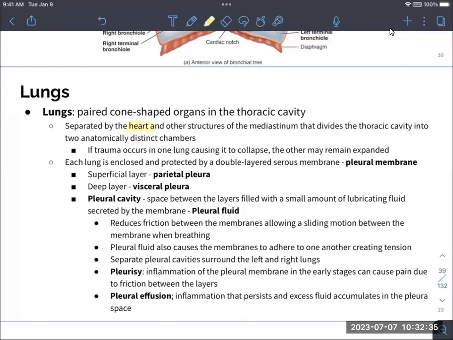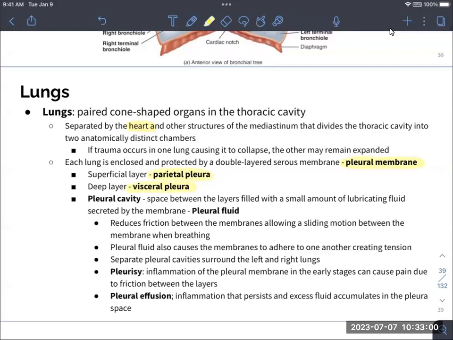Just like the heart has that pericardial cavity, that membrane that fits around it, the lungs have the pleural membrane. Pleural is for lungs. And that parietal layer is what faces out away from the lungs. That visceral sits right on top of the lungs.